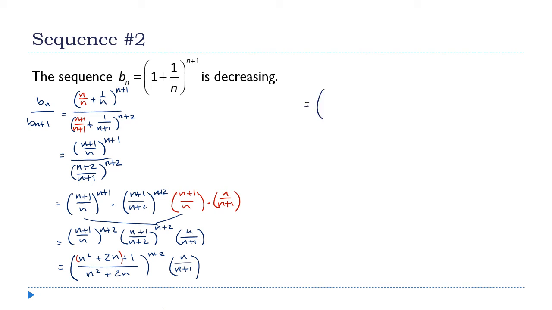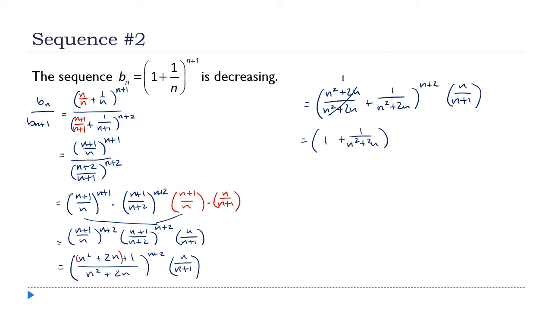I'm going to make this (n squared plus 2n over n squared plus 2n plus 1 over n squared plus 2n) to the n plus 2 times n over n plus 1. This piece here is just 1. And now it looks like Bernoulli again. (1 plus 1 over n squared plus 2n) to the n plus 2 times n over n plus 1.